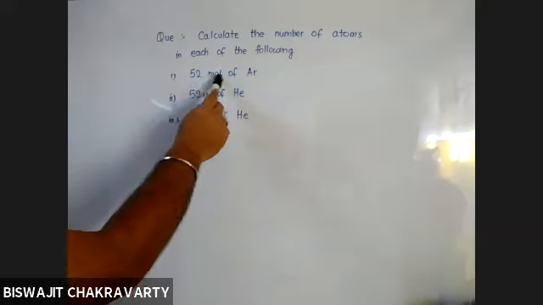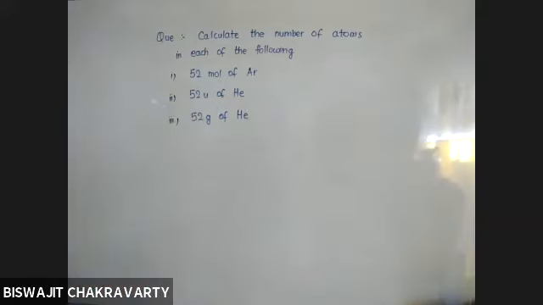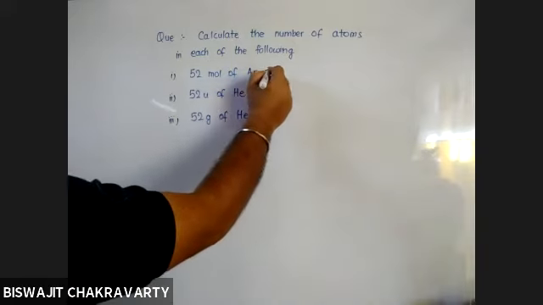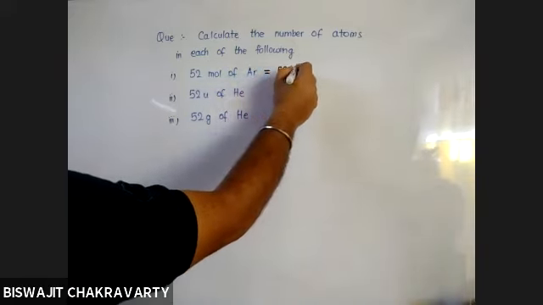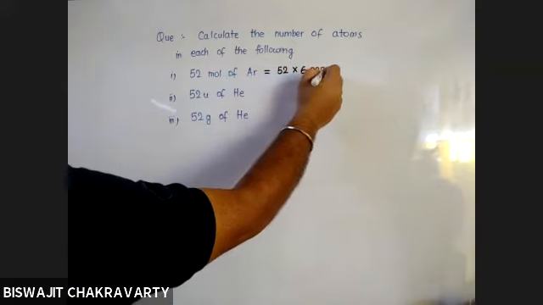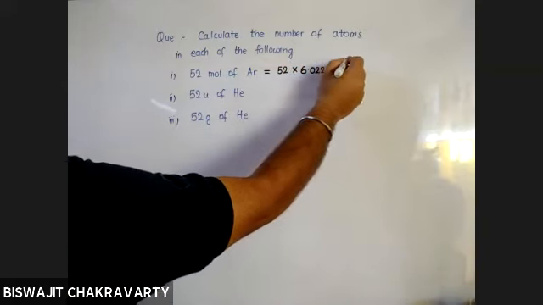Mole means Avogadro's number. So can I write this will contain 52 into 6.022 into 10 to the power 23 atoms of argon?